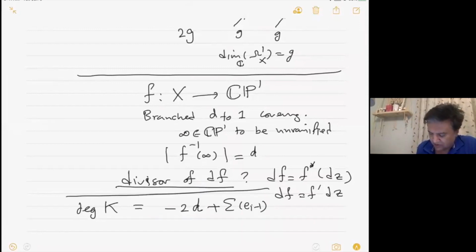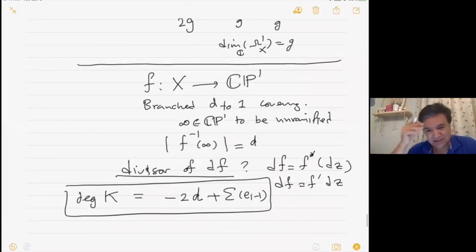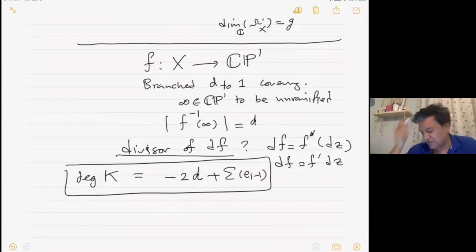What is the ramification index? The name might be scary, but the definition is very simple. Locally, if you look at f, when you pull back a point with multiplicity, f looks like z to some power. And this power e is called the ramification index. So locally, f can be written as z to some power, and this e is the ramification index.